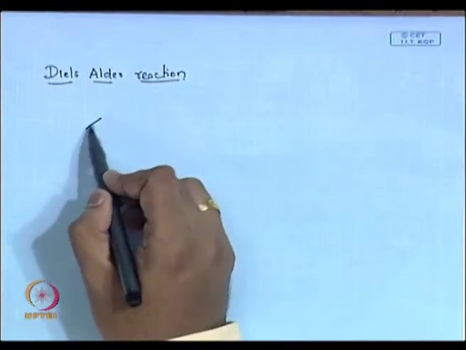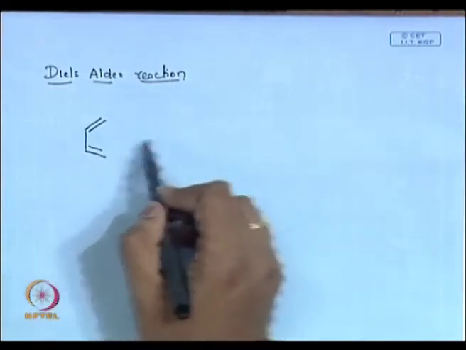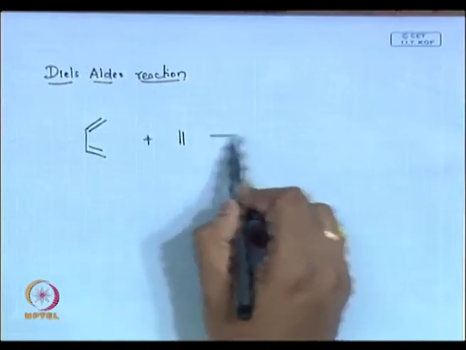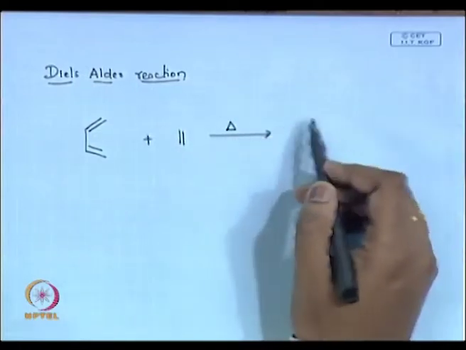A simple representation, as we saw, is a butadiene with your alkene R on heating.